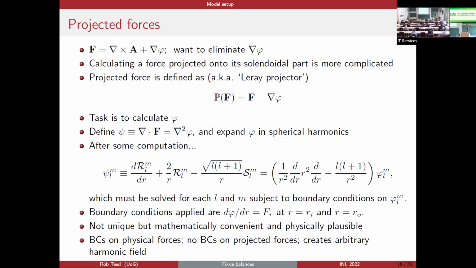But as I say, this is not unique, because you can add any arbitrary harmonic field, for instance grad psi, by changing the boundary conditions, and it would still form a projection, but it would be a different projection. So the projection has the disadvantage that it's not a unique calculation, but it has the advantage that it's arguably more like the original force, because you're not taking an extra derivative with a curl.